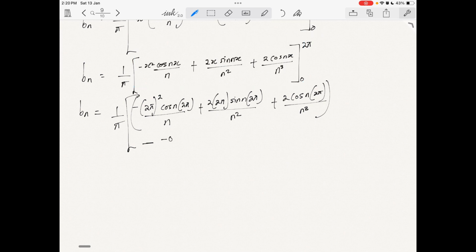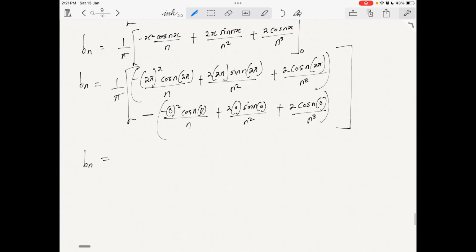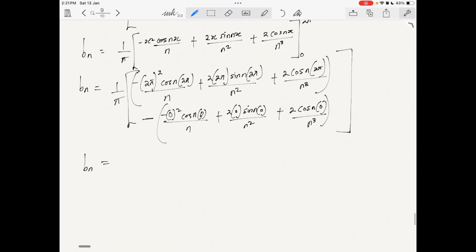So we have minus 0 squared cos n of 0 over n plus 2 of 0 sine n of 0 over n squared plus 2 cos n of 0 over n cubed. Now with that done, we have to reduce the terms.